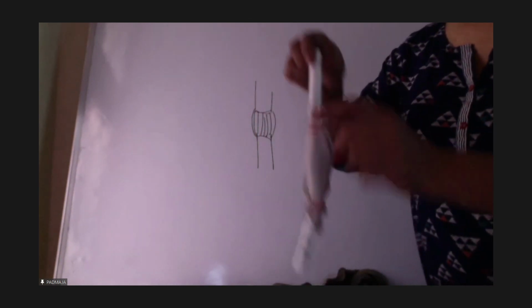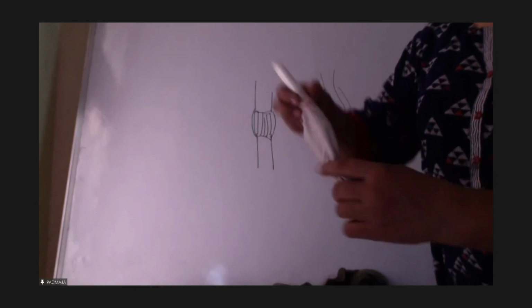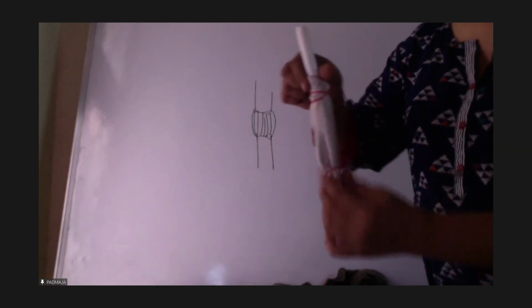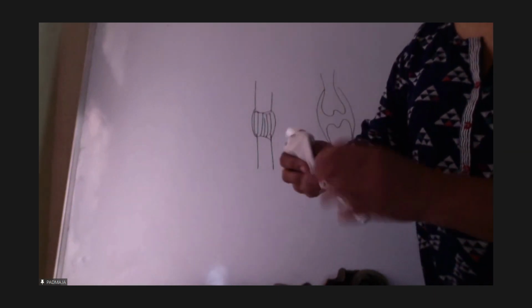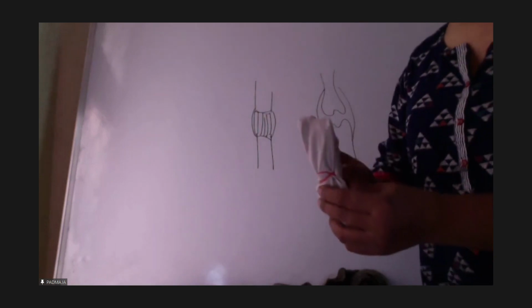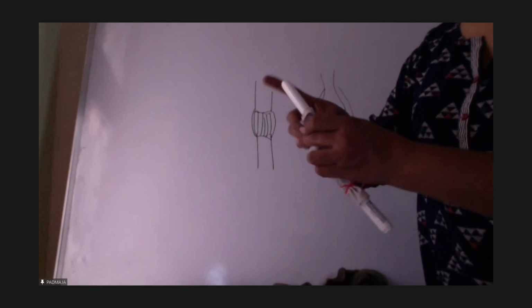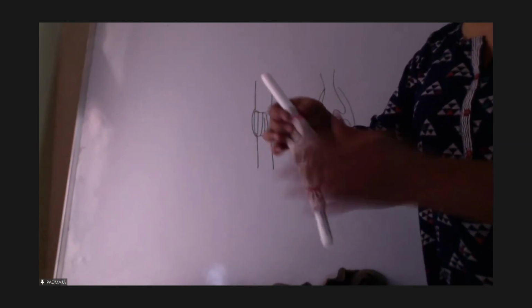One bone, this is another bone. So synovial capsule, or yesterday I told you articular capsule. So this flexible movement, bending, rotating, all are possible with this synovial joint. If it is fibrous, fixed.